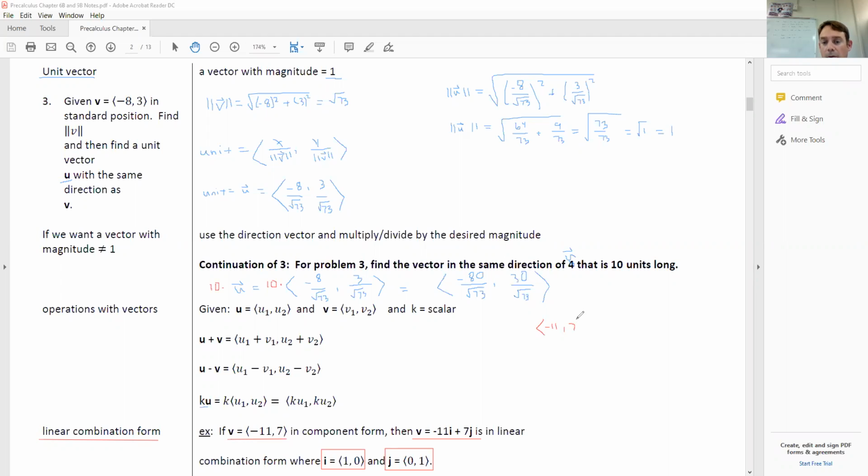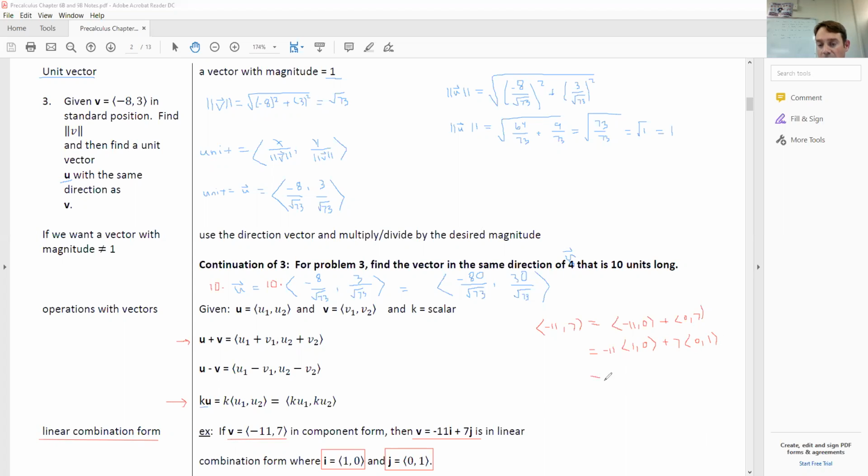If I were to take this component vector, I could break it out as negative 11 comma 0 plus 0 comma 7. I can break it up because, again, vectors can be added. And I can factor out the negative 11 and the 7 because vectors can have scalar multiplication.